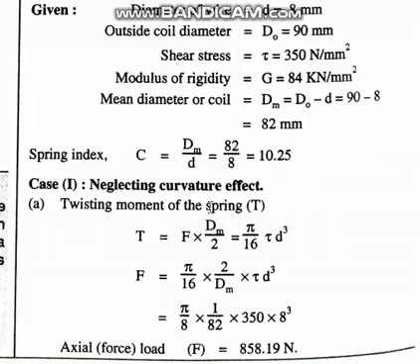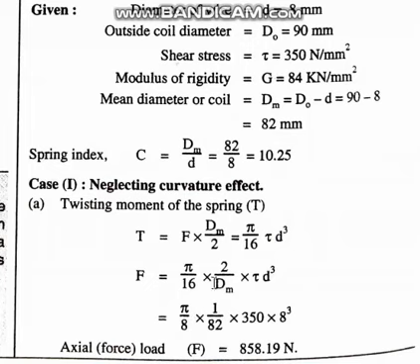Now we have the twisting moment. Twisting moment can be given as torque is equal to F into radius, dm by 2. You see, this is nothing but T is equal to pi by 16 tau d cube. So from this, considering these two, F can be written as pi by 16, and this comes here, so 2 by dm tau d cube.